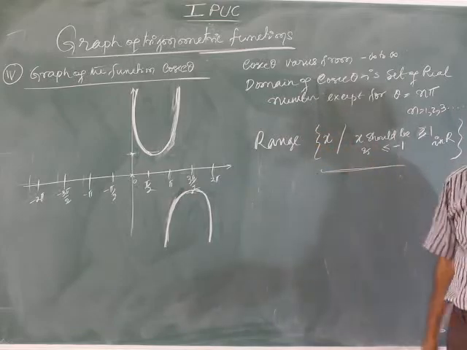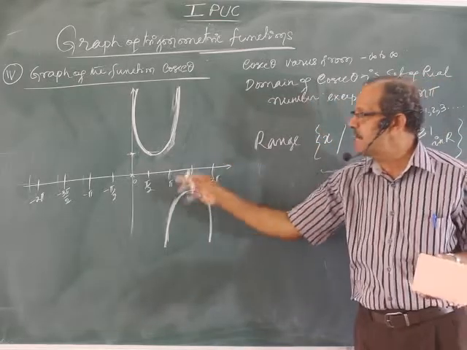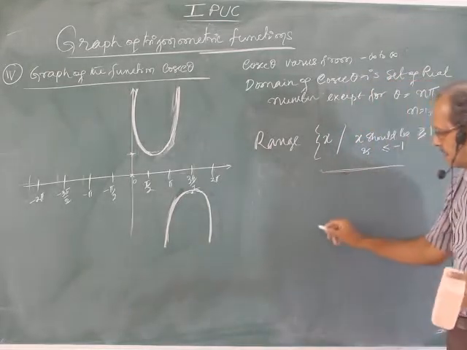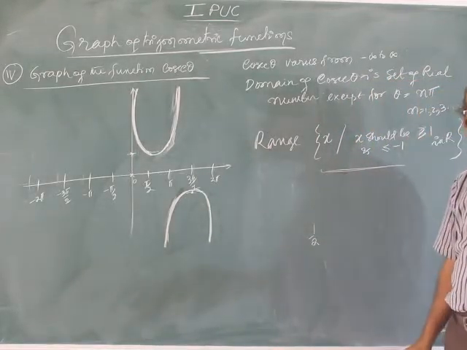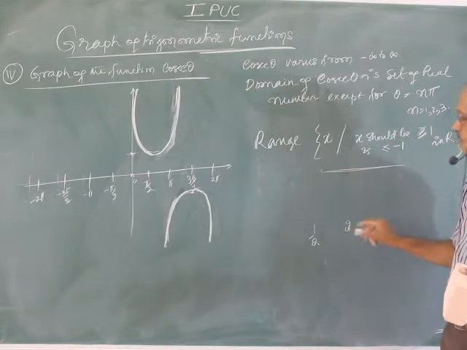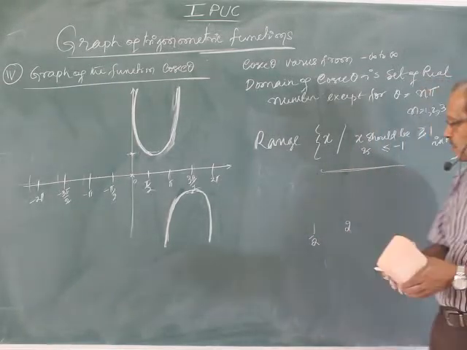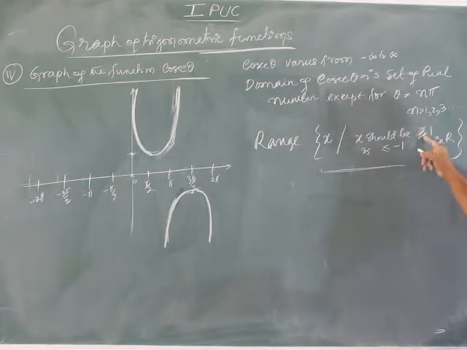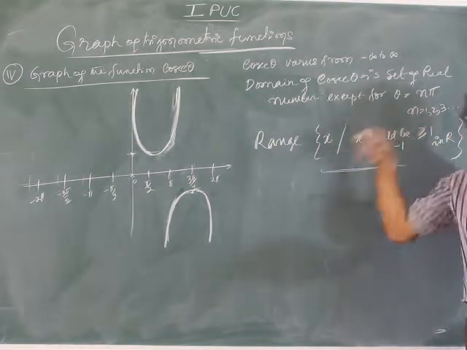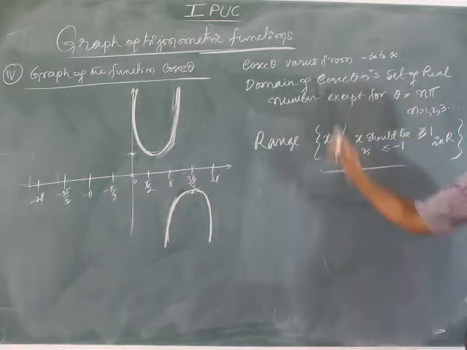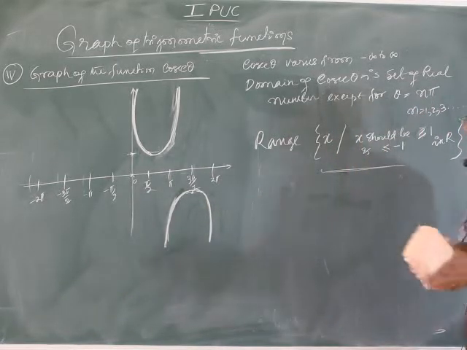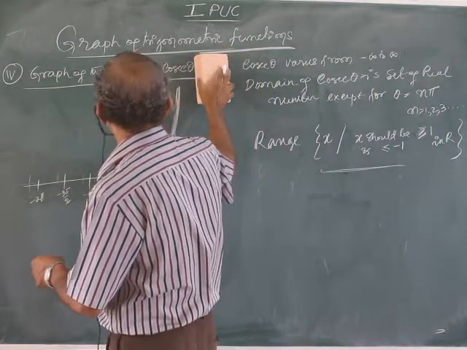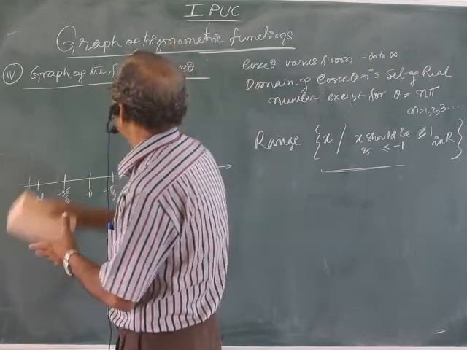And range is, since the sin value attains a value from minus 1 to 1, it's a reciprocal. For example, if you take 1 by 2 as the sin value, what is the reciprocal? 2, it is greater than 1, see. So the range of that function is greater or equal to 1 or less or equal to minus 1. Cosecant attains only those values. Just go through that again and again, then only you can understand that.